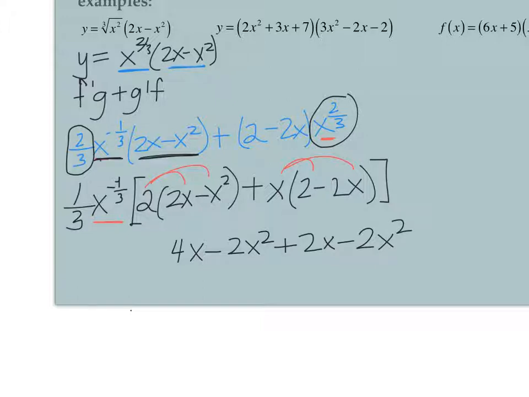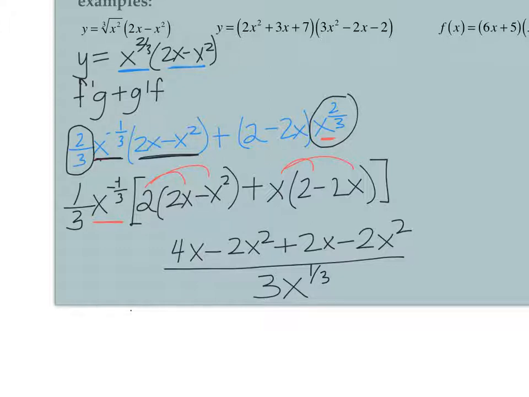Now the stuff that's out front, I have a third. Instead of writing it as a third, I can divide this all by 3. And instead of having x to the negative a third, I can make it positive 1/3 and put it in the denominator. Okay, and that is how it should look.